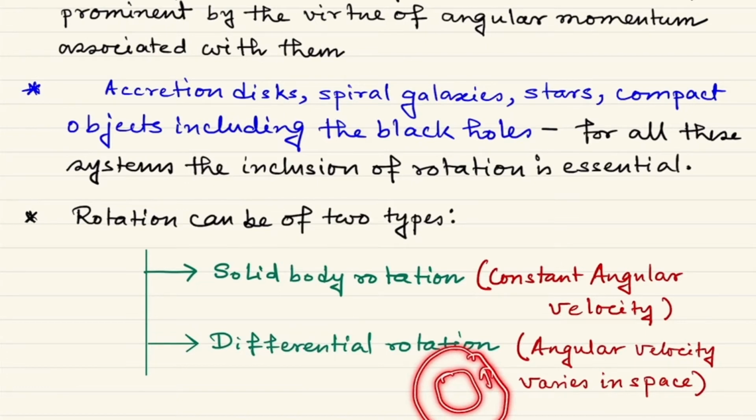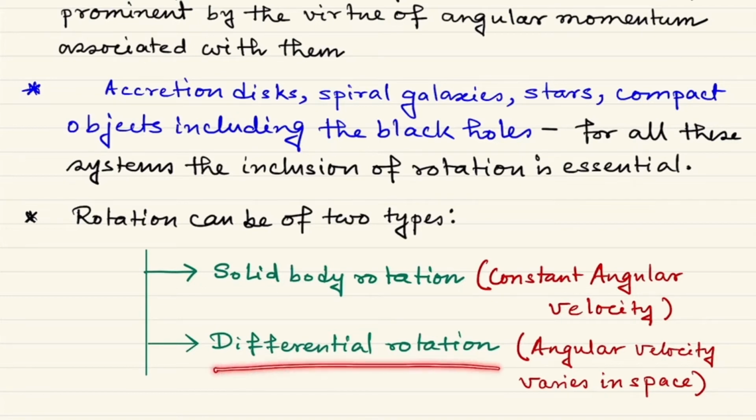If both of them are rotating at the same rate, then the viscosity effect would not be activated. But in differential rotation this is not the case, so viscosity should play a role.